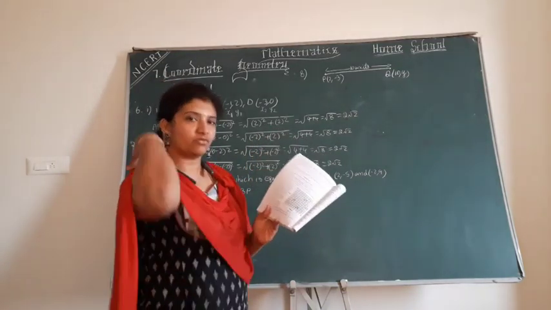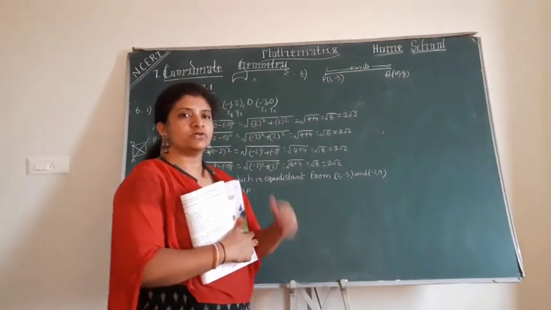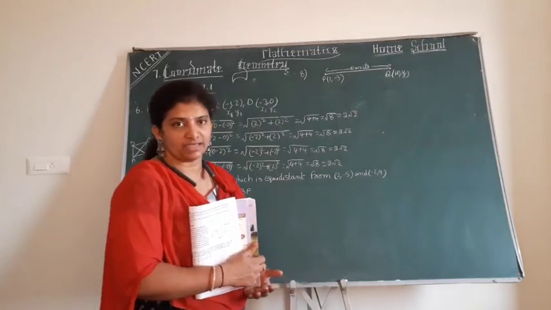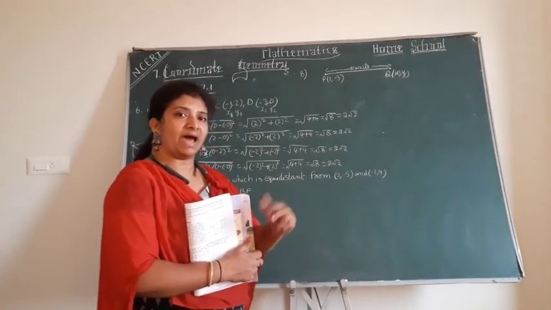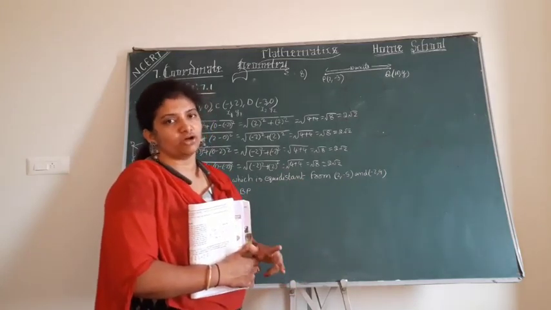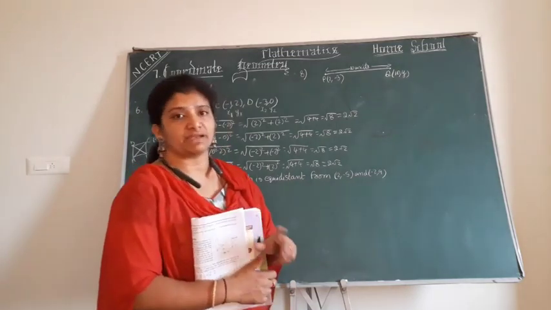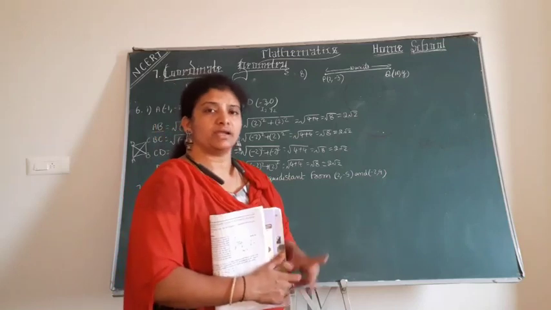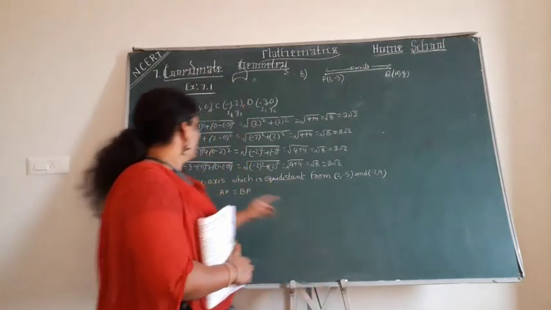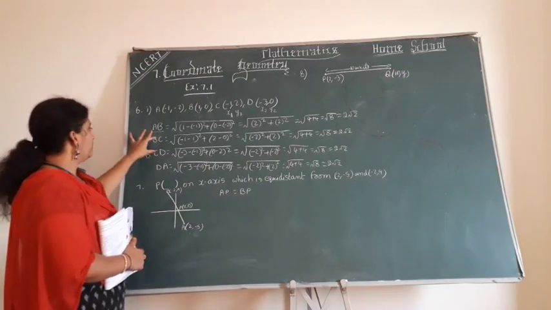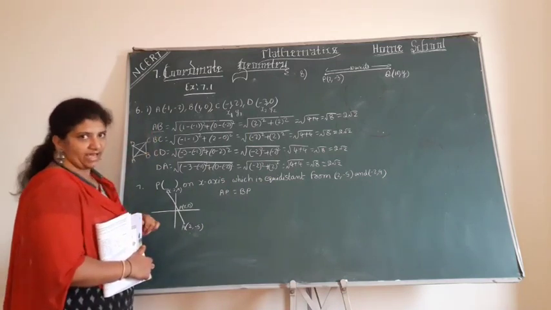One more thing I want to say: if opposite sides are equal, you can call it a rectangle, and if only the parallel sides are equal, we call it a parallelogram. What is the difference between a rectangle and a parallelogram? In a rectangle, AB and CD will give one answer, and BC and AD will give one answer.